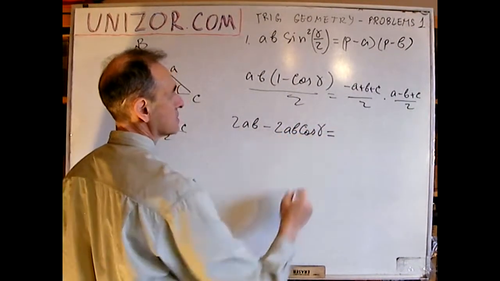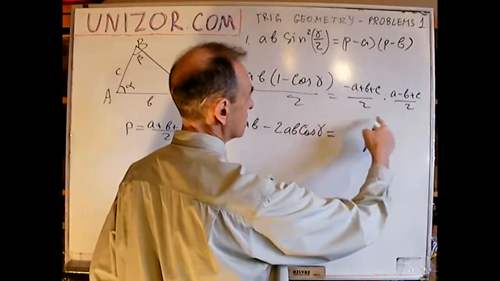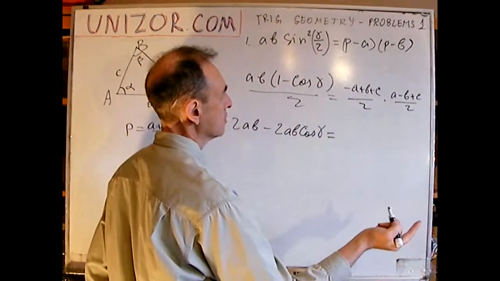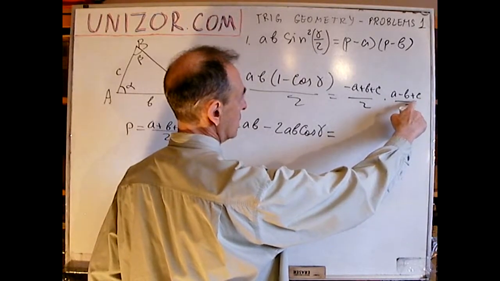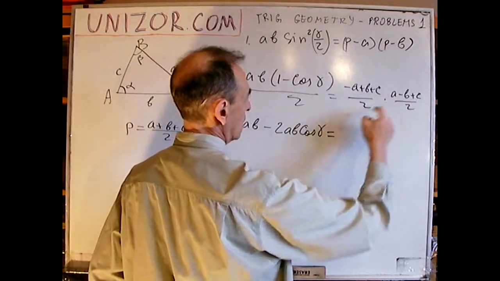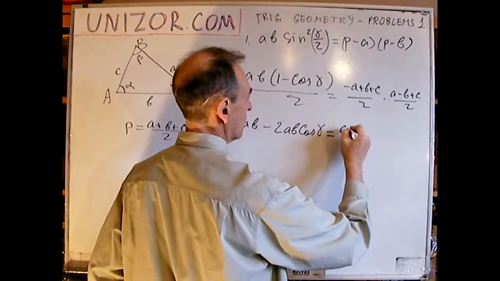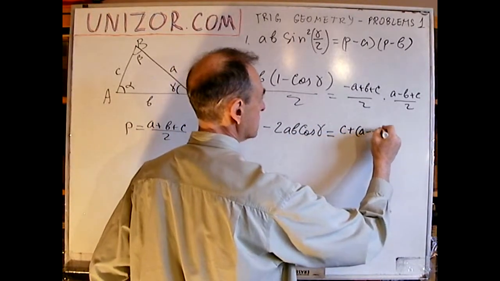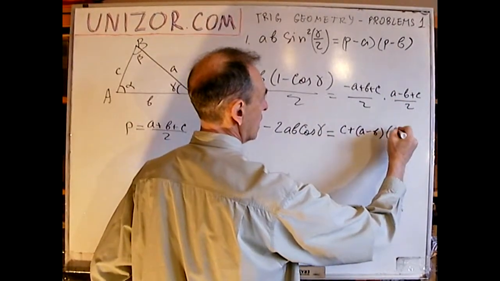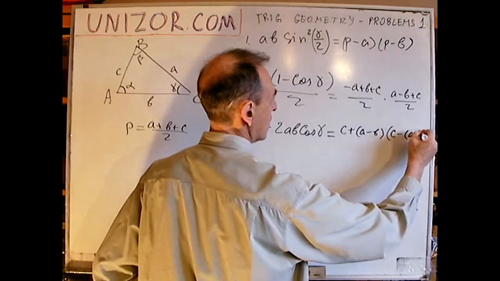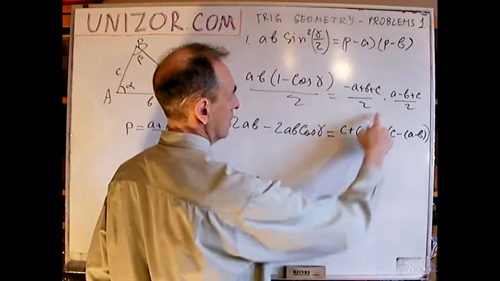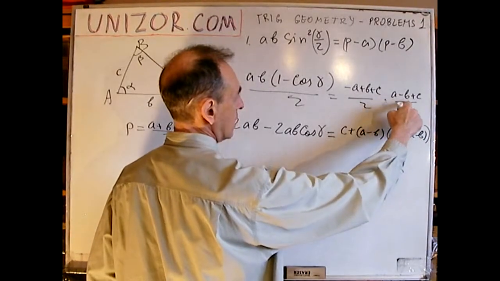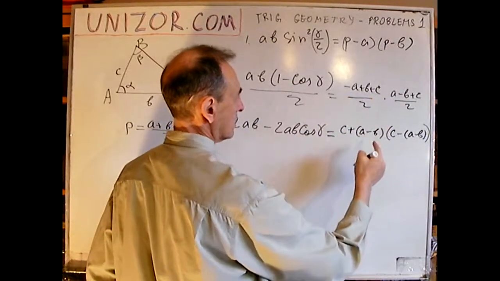Now I don't have any denominators anymore, right? So what is this? It's C plus A minus B, and C minus A plus B.